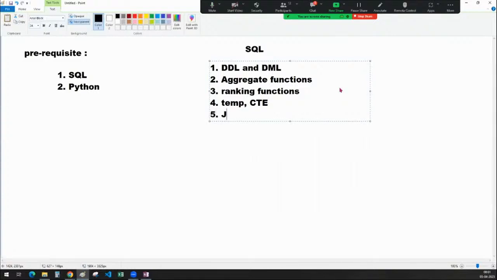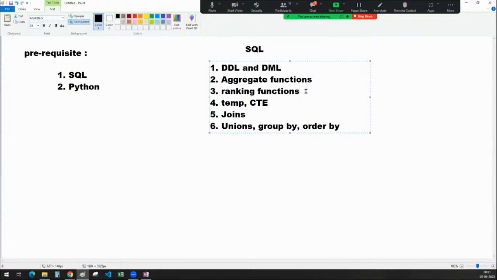Mainly, guys, joins, unions, group by, order by. I think this is it. If you are focusing on these things, that is enough. In aggregate functions: min, max, count, all of those things.